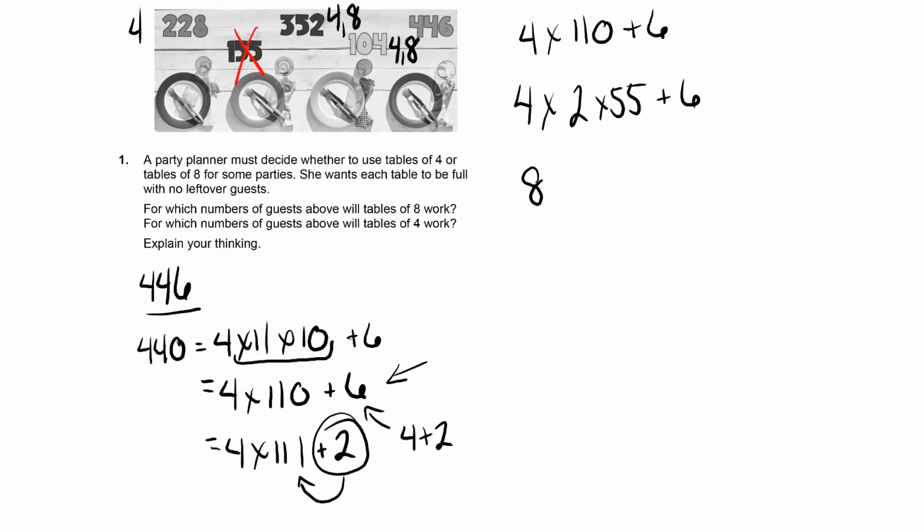And then I can do the 8 times 55, because I've taken the 4 and the 2 and multiplied them together to get 8. But I've still got 8 times 55 plus 6. And since the 6 is not an 8, it means I end up with 55 tables of 8 and 6 people left over.